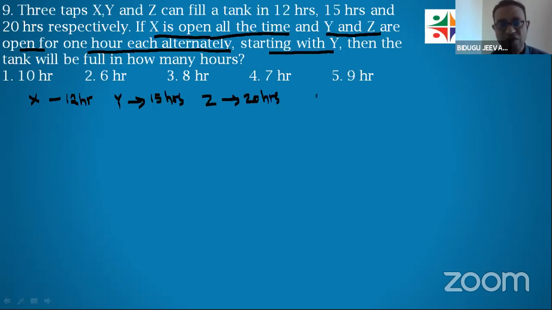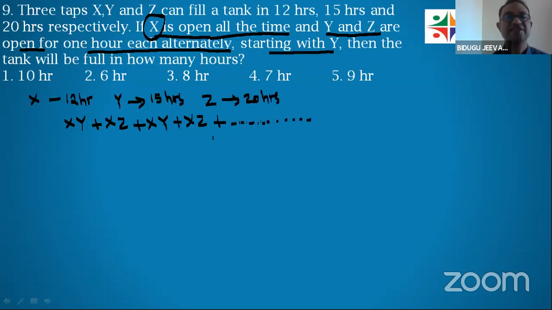That means 1 hour Y, another hour Z, another hour Y, is a cyclic process. But what about X? This tap is always open. So let me write the scenario: XY plus XZ plus XY plus XZ and so on. Why?